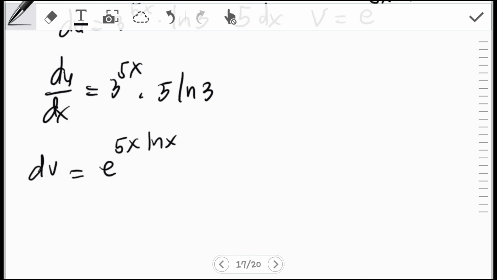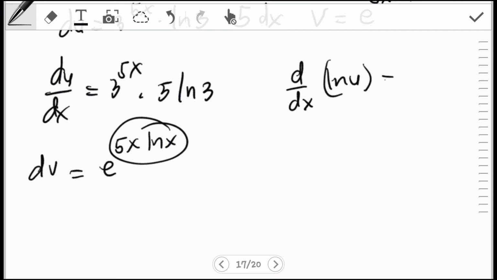So take note, to derive, we use this formula again: d over dx of ln u is equal to du over dx over u.